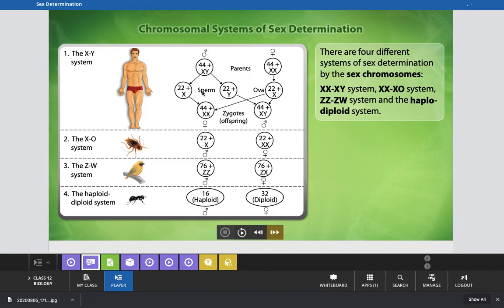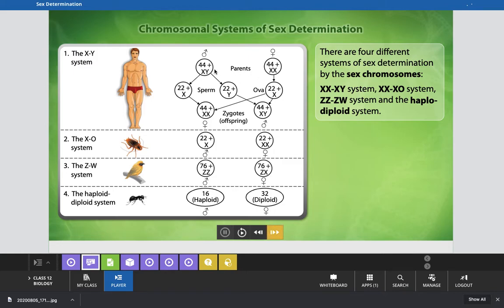Now, as per this chart, in humans, as we know, there are 46 chromosomes or 23 pairs of chromosomes, out of which 22 pairs or 44 chromosomes are known as autosomes, which are responsible for characteristic features other than sex. And the one pair, that is the 23rd pair, is responsible for the determination of sex.